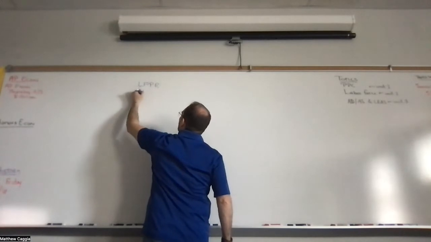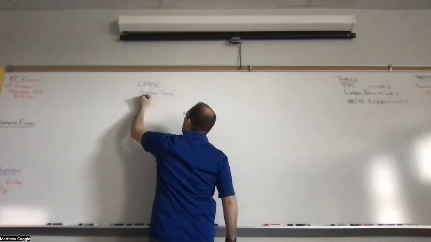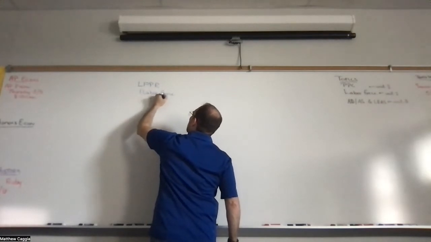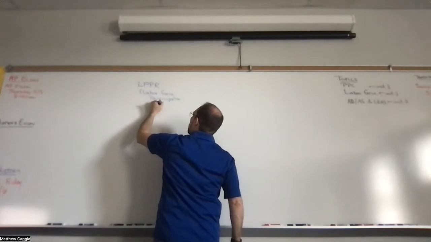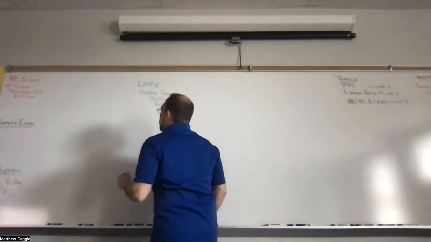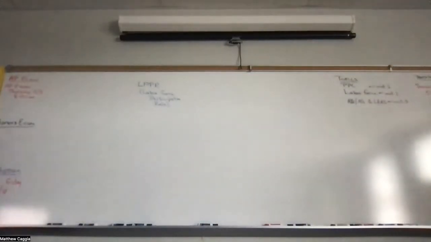Participation rate. And we would need that in order to figure out, in part, the unemployment rate, because we need to know the labor force in that. Conveniently, in honors econ, that's what we're working on this week.